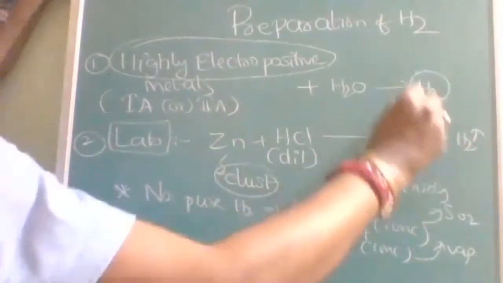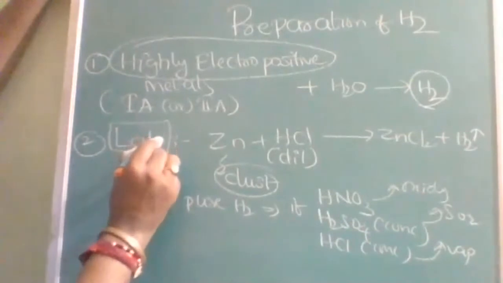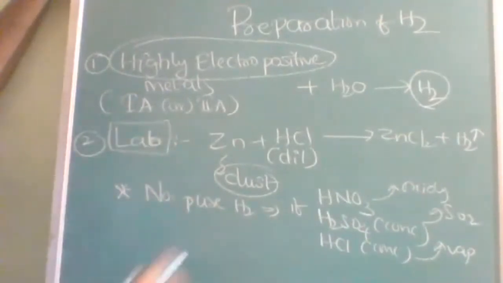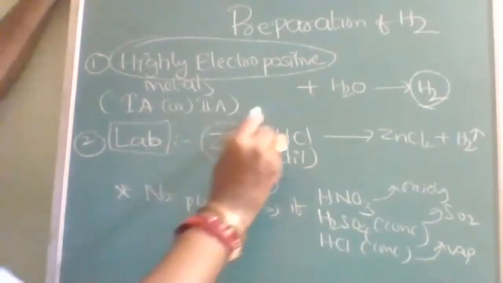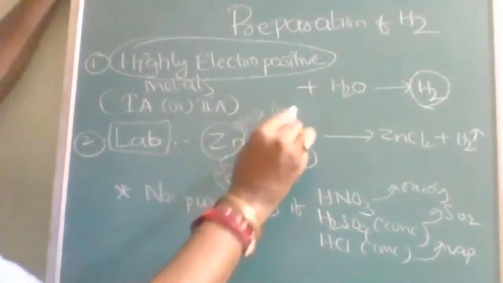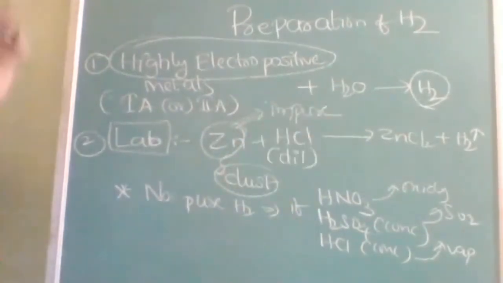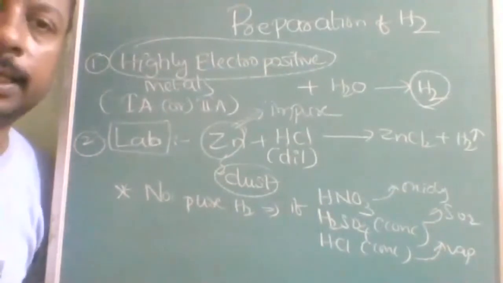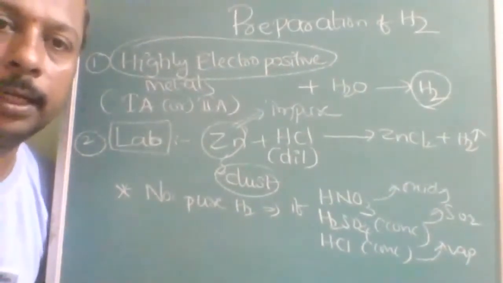Ultimately, we get hydrogen. But in the lab, we use dilute sulfuric acid or dilute HCl. So we have to use two things. We have to use impure zinc only. Why? Because pure zinc requires high activation energy.